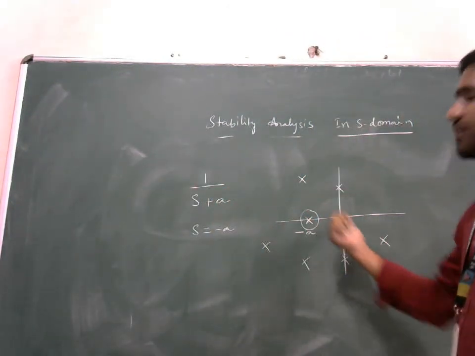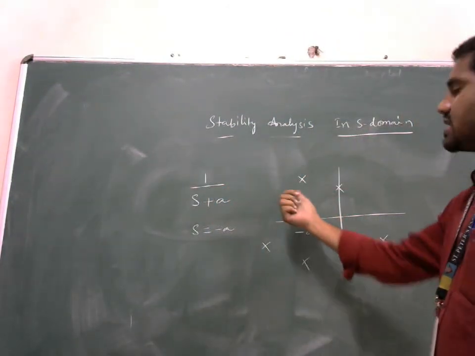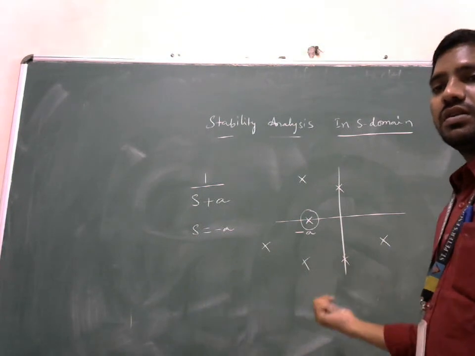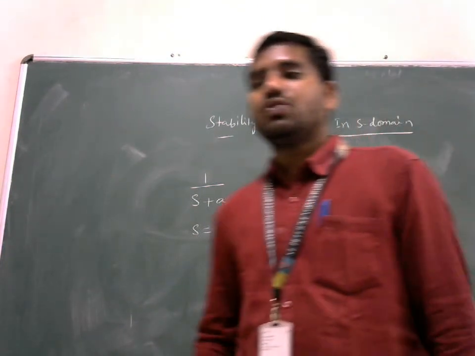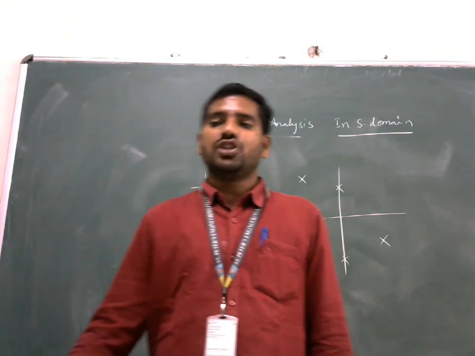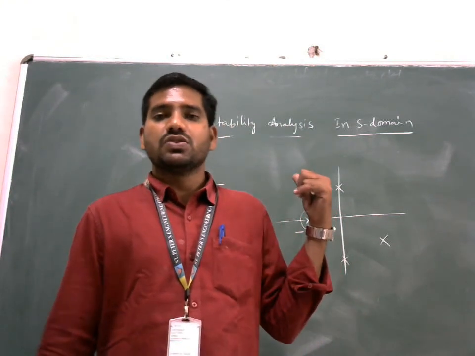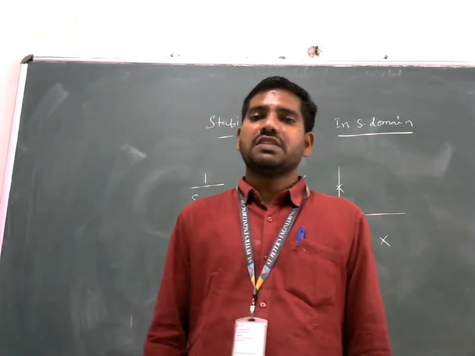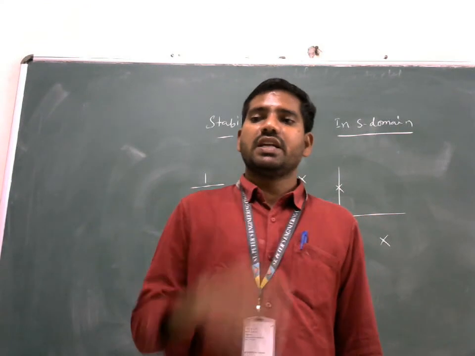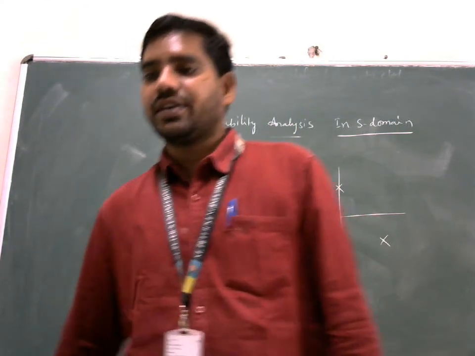In general, if the poles are on the left hand side, it is stable, otherwise unstable, but it is difficult to find all the poles and zeros. So in the next lecture we will go with the first method of stability analysis, that is the Routh-Hurwitz criteria. Right, thank you.